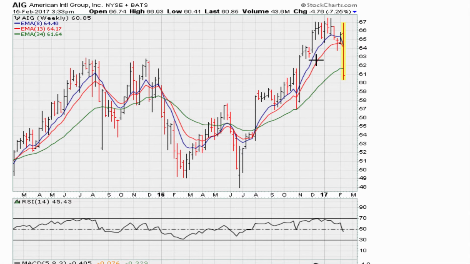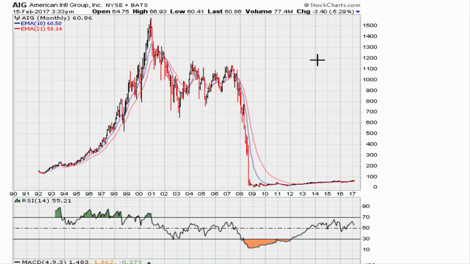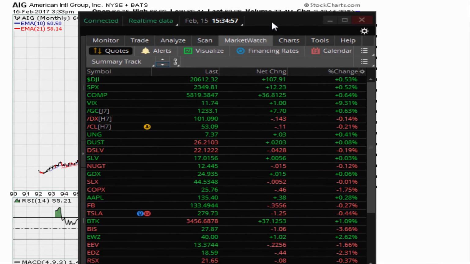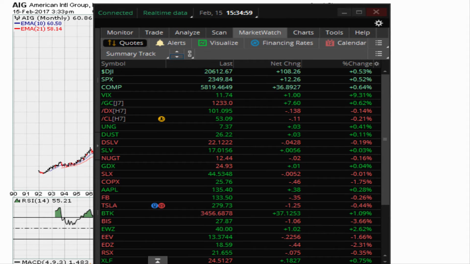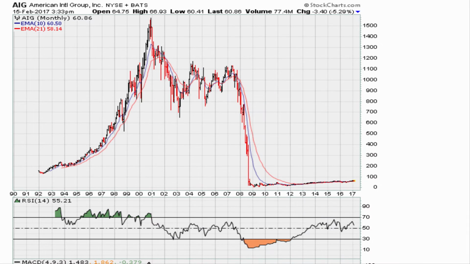What I want to show you is, if you take a look at a long-term monthly chart for AIG, I'll draw one simple line. And I have to say, even with the Dow, the Nasdaq, and the S&P 500 trading at all-time highs, there's a lot of stocks that don't have the correct long-term feel.